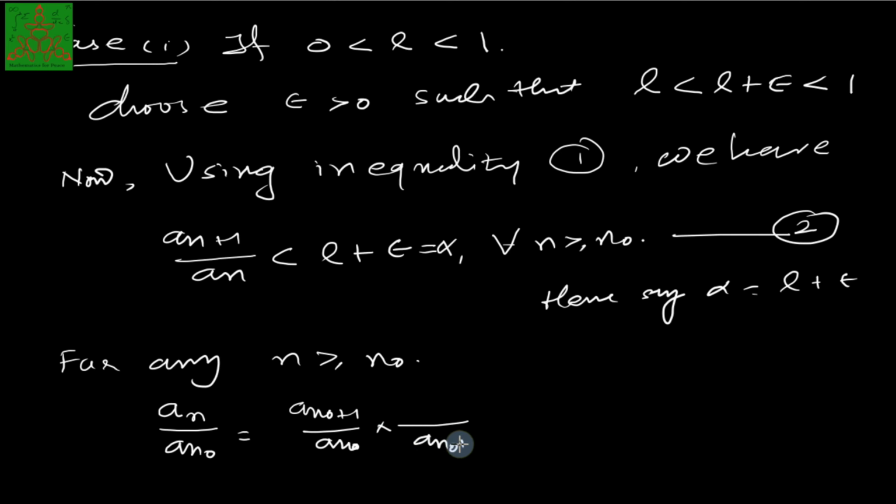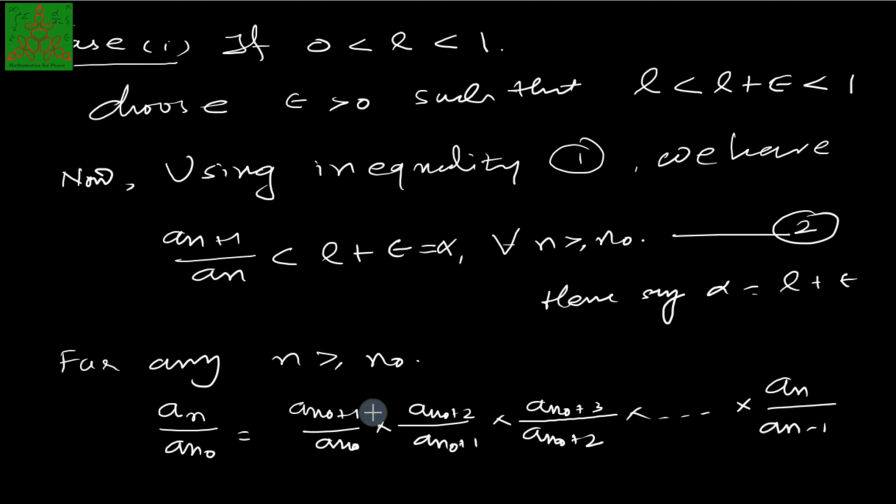Then in the numerator I am multiplying an0 plus 2, and I need to divide by an0 plus 2, and I should multiply with an0 plus 3 and so on. The last term is an upon an minus 1. So from an0 up to an minus 1 I am multiplying and dividing these terms, and the only term left is an upon an0.